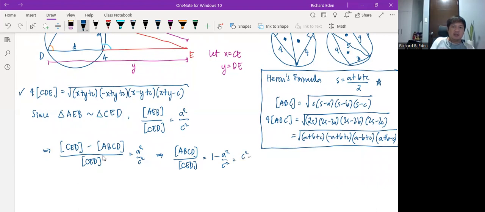So c squared minus a squared over c squared. So now we have something for ABCD. ABCD equals c squared minus a squared over c squared. And then we have that expression up there nung masalimuot na, so this is 1/4.